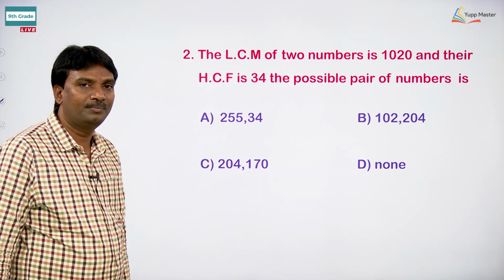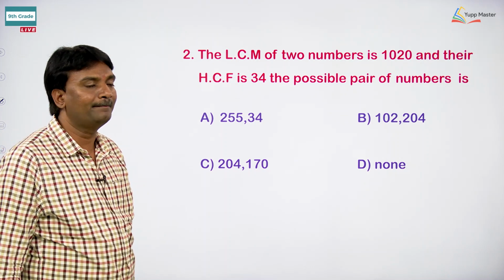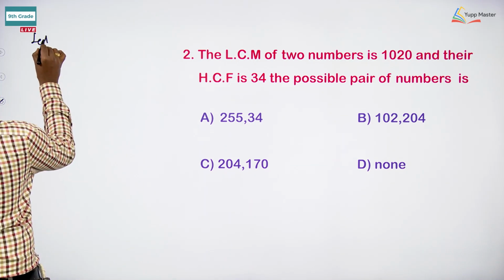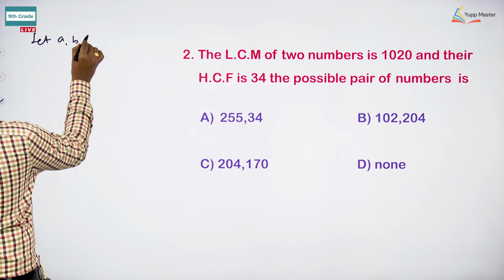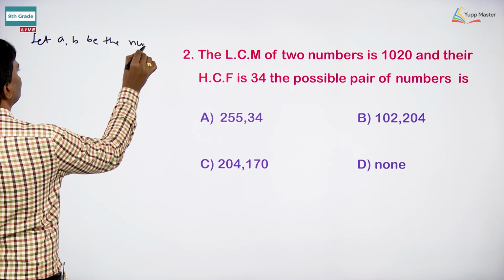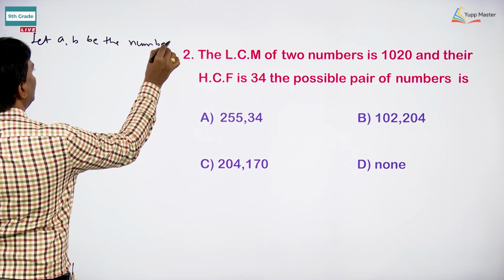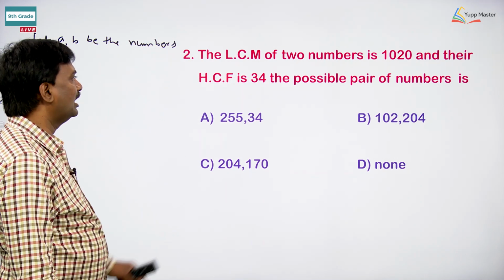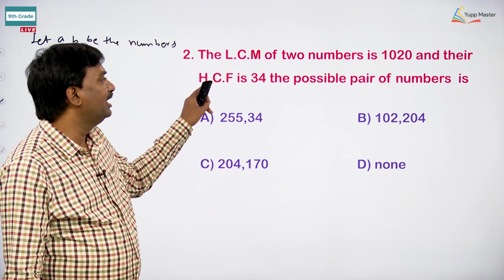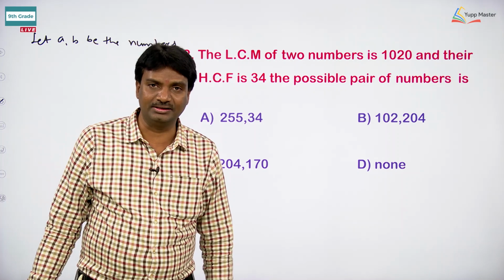So for this problem, let us consider the two numbers as A and B. Let us suppose that the required numbers are A, B. The LCM of the two numbers is given as 1020 and the HCF is given as 34.